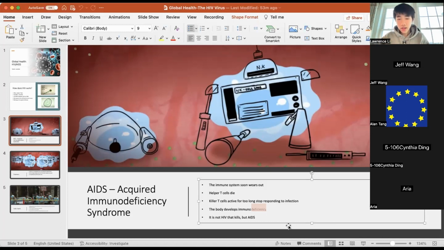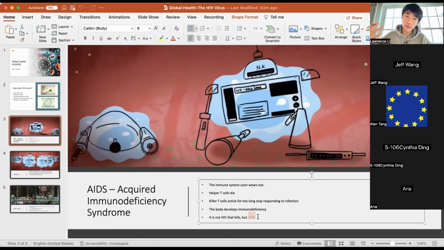And so that's what we call AIDS. When the body enters this immunodeficient state, we refer to the state as AIDS. AIDS stands for acquired immunodeficiency syndrome. And that makes sense, right? It is acquired from HIV. It is immunodeficient, and it's a certain syndrome. It's a certain condition where your body can't fight off these super simple pathogens.